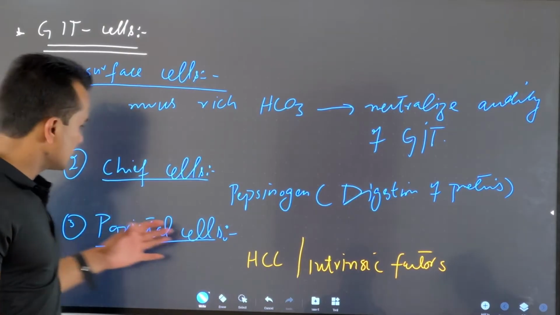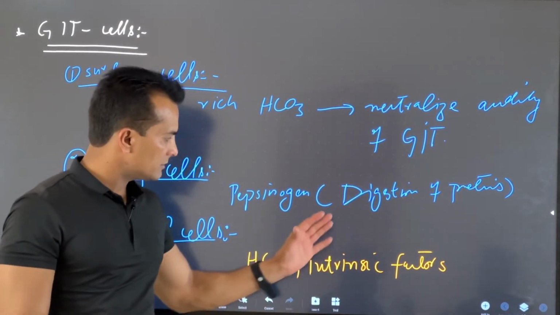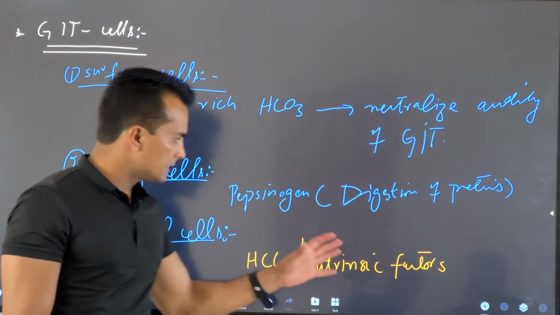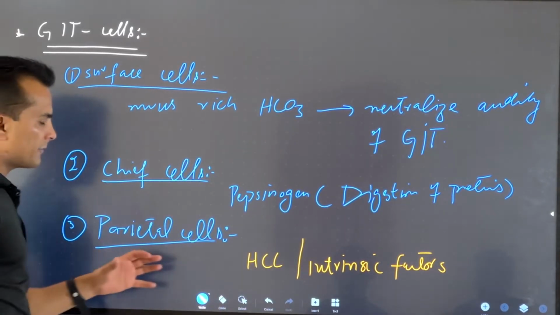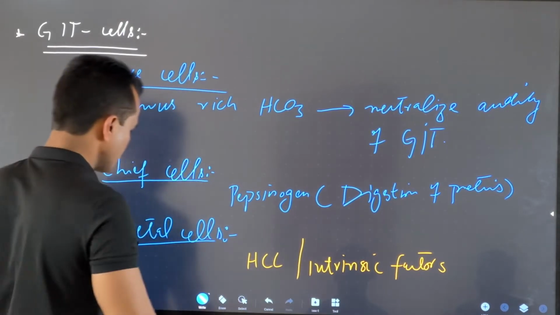So parietal cells help in production of gastric acid, and in addition the intrinsic factor, which helps in absorption of vitamin B12 from the terminal ileum.